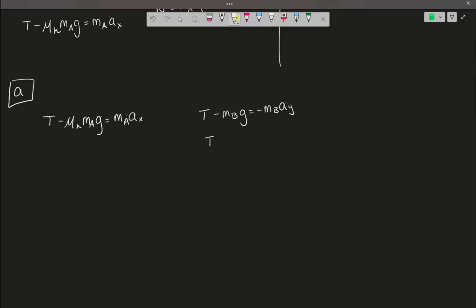So this means that my tension is equal to the mass of block B times g minus the mass of block B times the acceleration in the y direction.